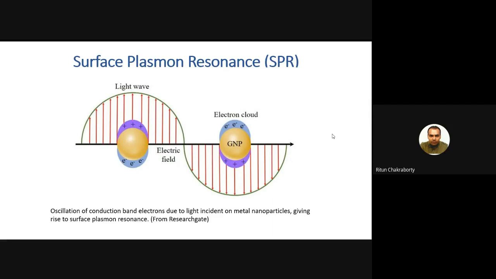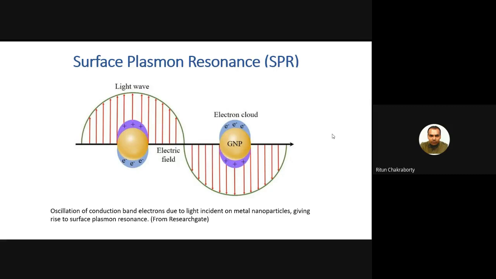The wavelength scan goes from the ultraviolet range to the visible range of the electromagnetic spectrum, from 200 nanometers to generally 800 nanometers.